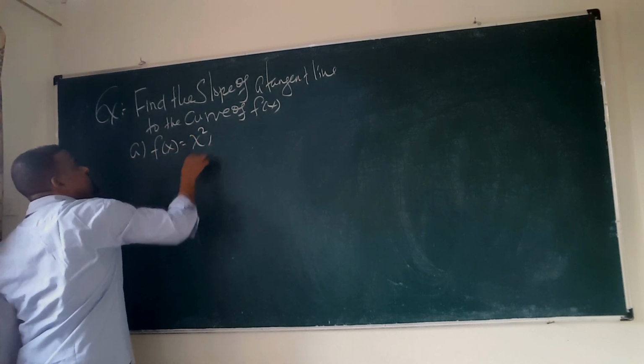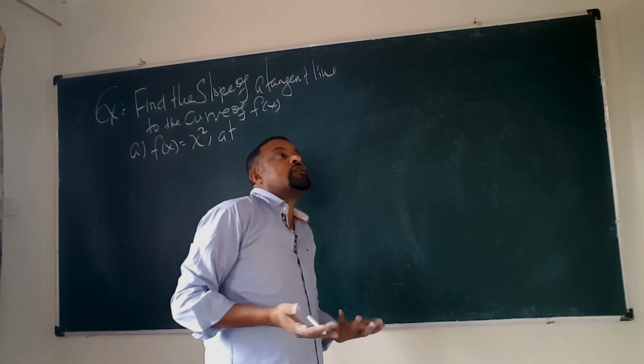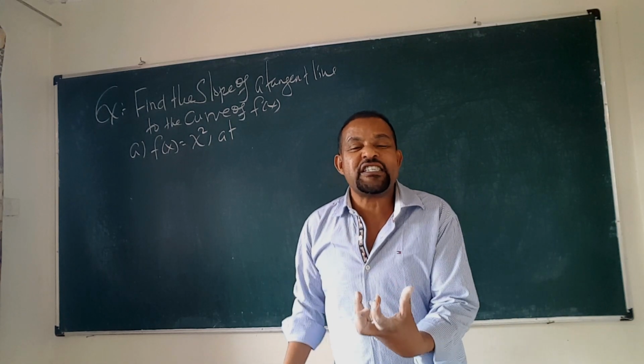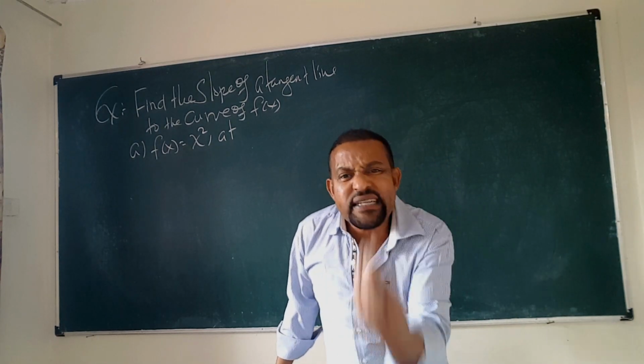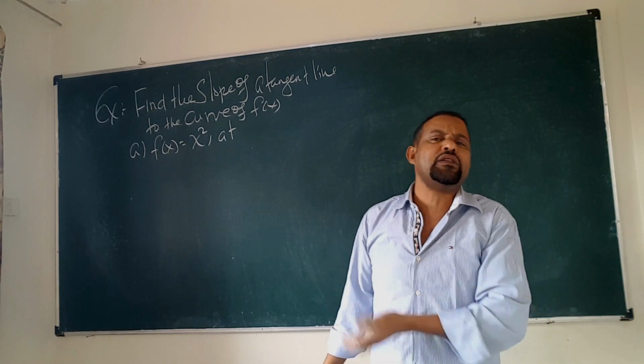equal to say x squared. The instantaneous rate of change of f of x measures the change at a particular point, at a particular moment, at a particular instant.